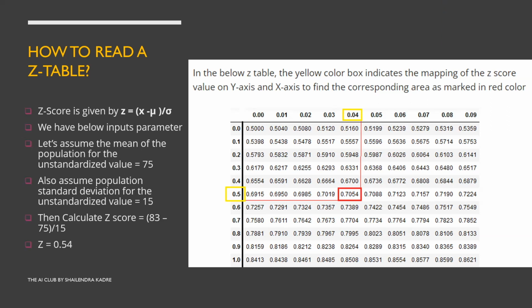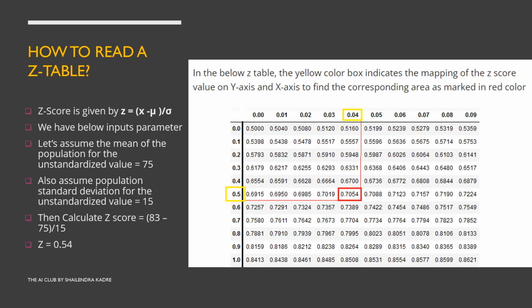Now tell me, what will be the value for 0.74? 0.7704. Wow. So Karthik and Jignesh, you got how to read it? Now the last one: if I get a Z value of 0.17, what will be the cumulative probability?